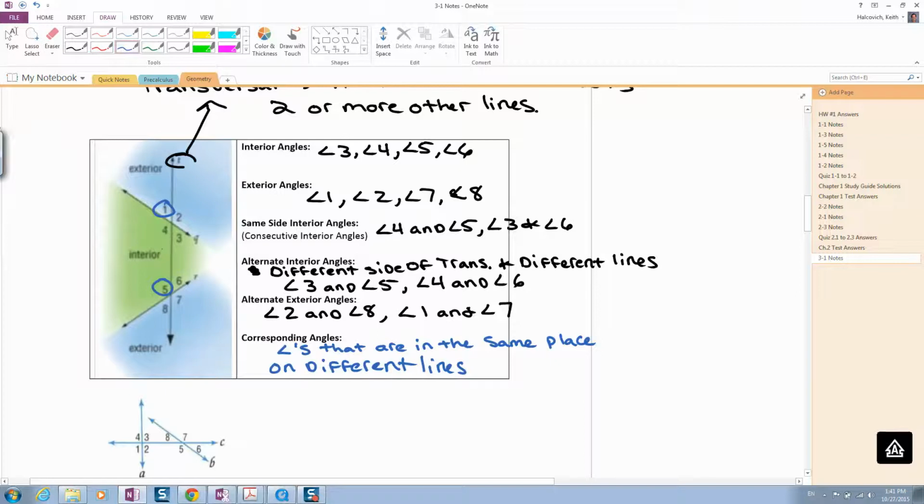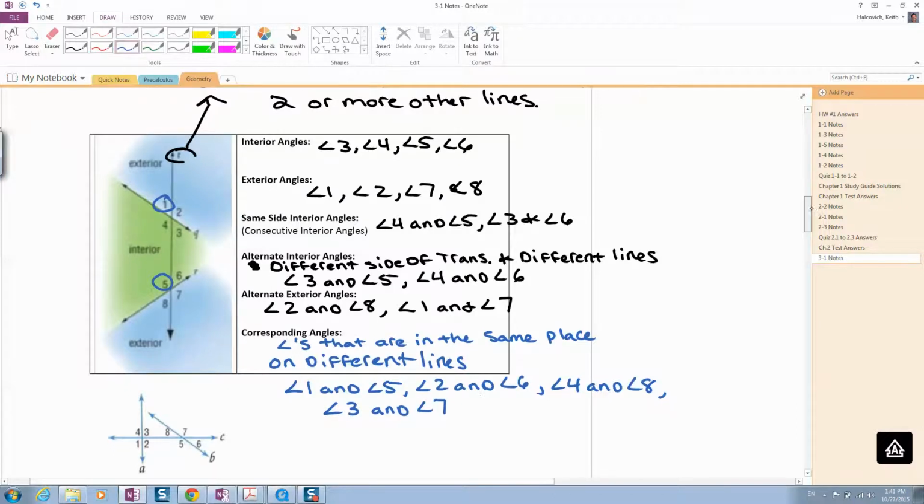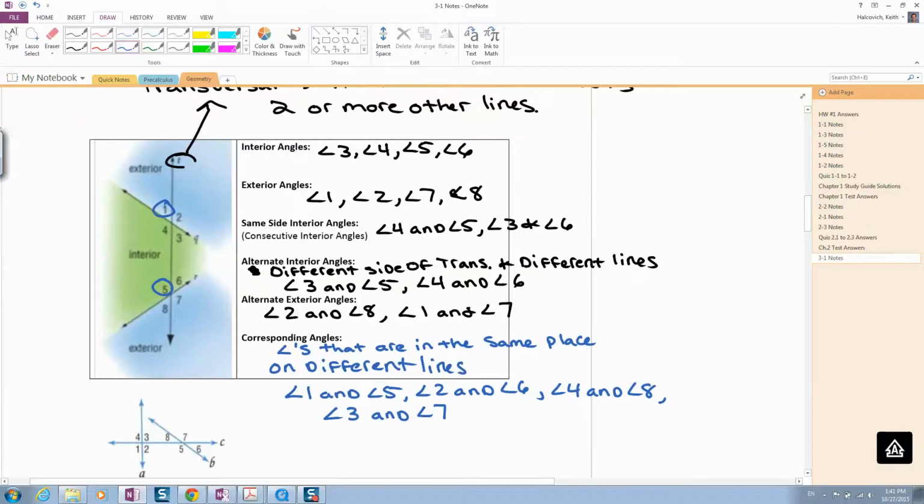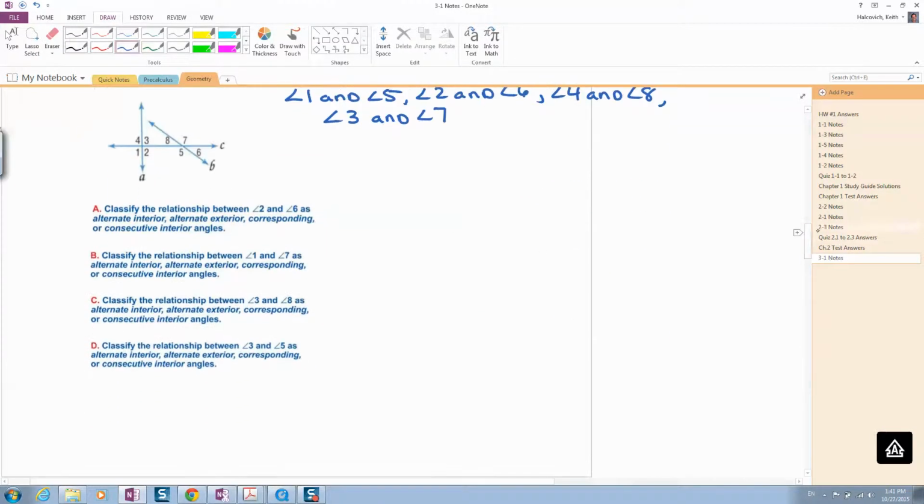They're in the upper left of each line. They're just on different lines, so they're corresponding. So the same with 2 and 6, 4 and 8, and 3 and 7. So those are corresponding angles. So those are the different angle types that are formed when you have two lines intersected by a transversal.